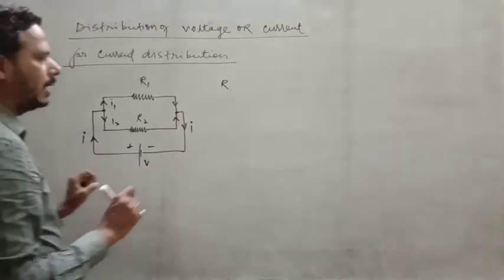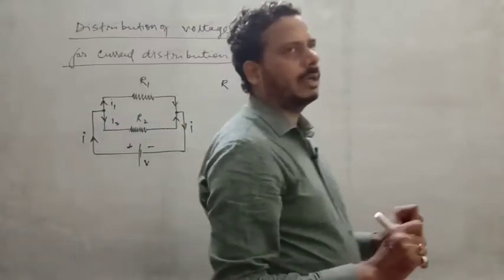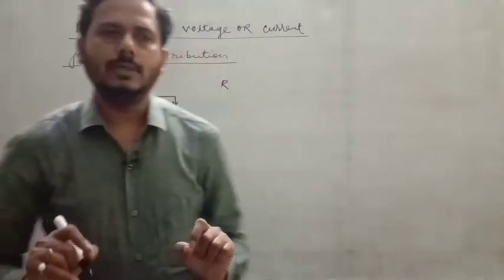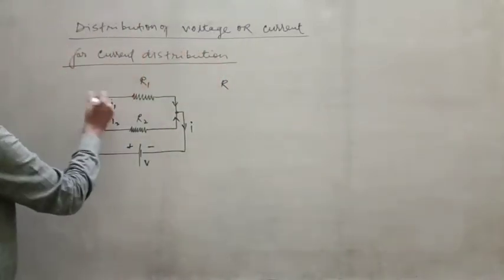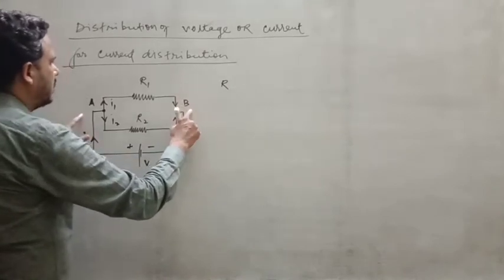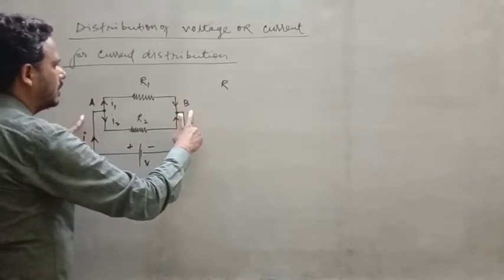That means the net current in the circuit is I, but right now it is distributed over the junctions A and B, where it splits into I1 and I2.